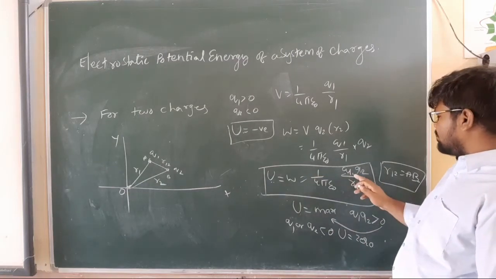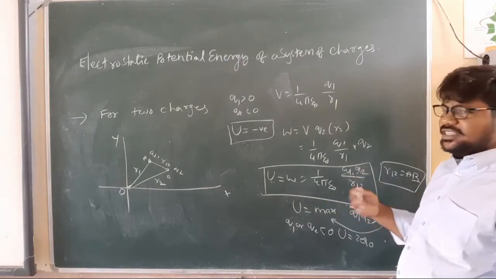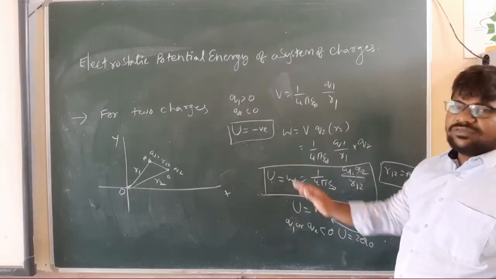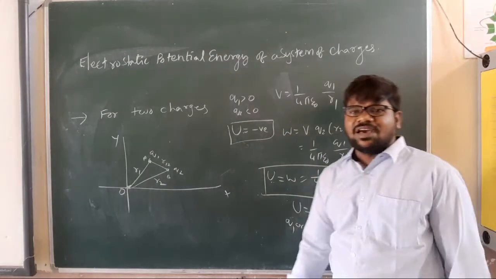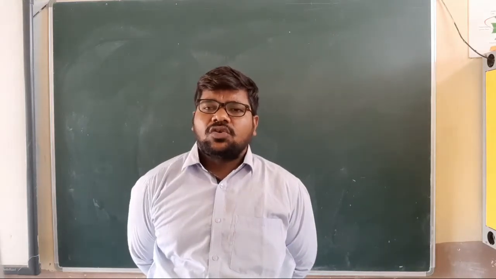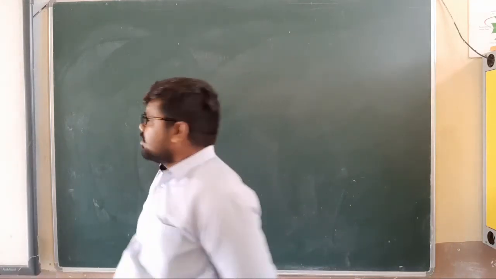If either one of the charges is 0, we get 0 potential energy. If one is greater than 0 and one is less than 0, the resultant is a negative value. Is it clear? Yes.